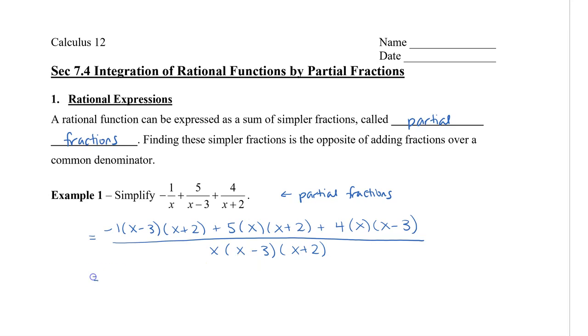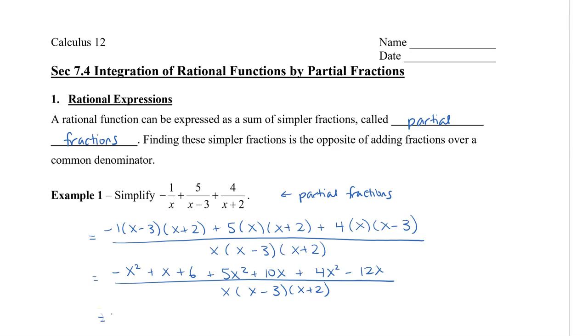plus 2. So expanding, we're going to get negative x squared plus x plus 6 plus 5x squared plus 10x, and then plus 4x squared minus 12x, all over still the same common denominator.